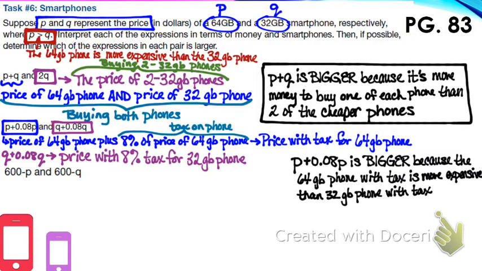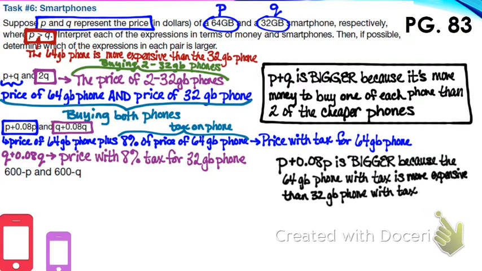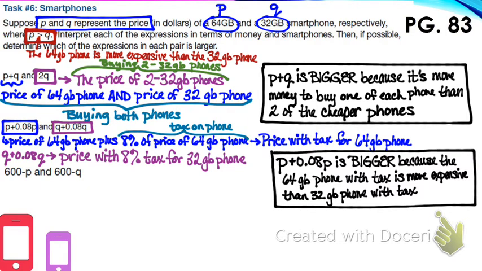All right. We've got one more expression pair to look at. I have 600 minus P. Let's start off with what that even means. P is what again? Price of the 64 gigabyte phone.